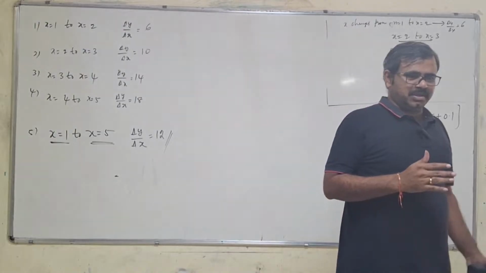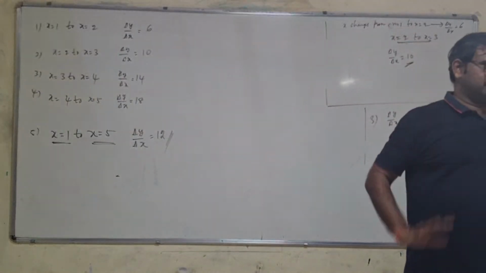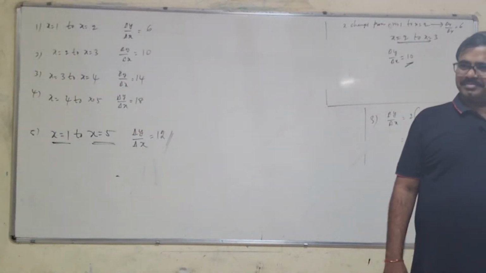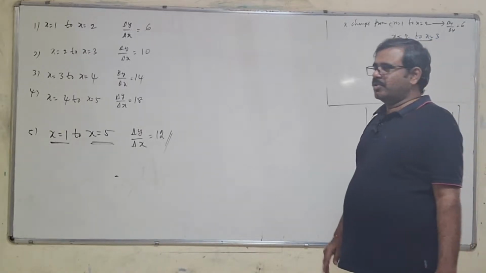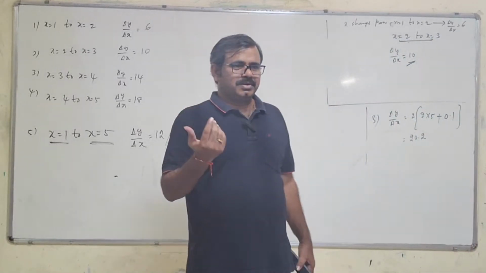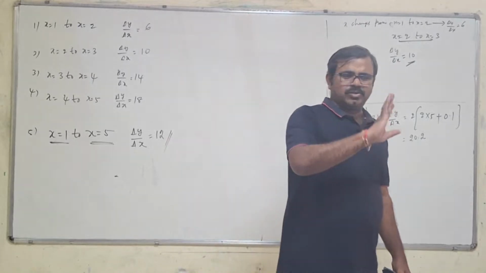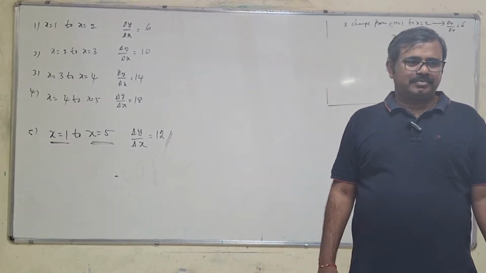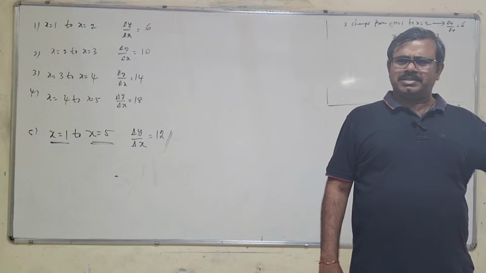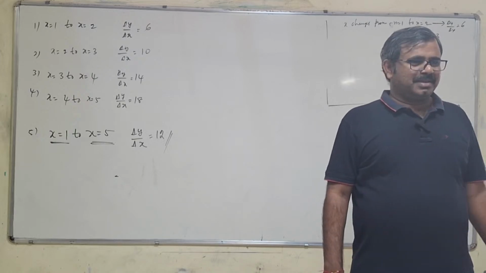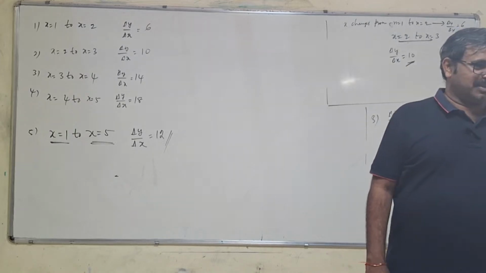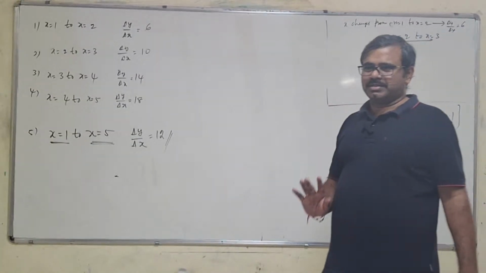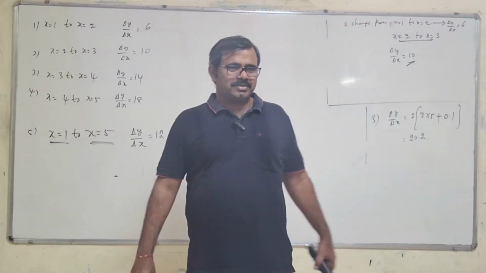Say from here you go to, let's say, JNTU. What's the distance? Let's say 10 kilometers. Let's say high tech city. From here you go to high tech city, 10 kilometers.